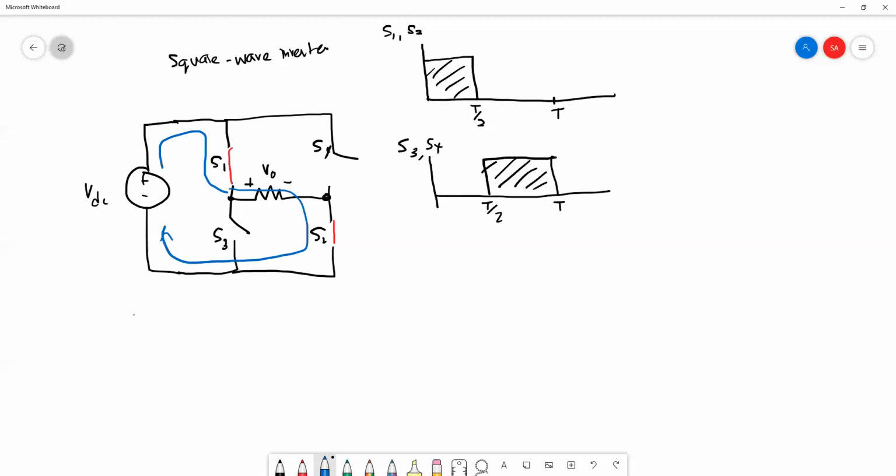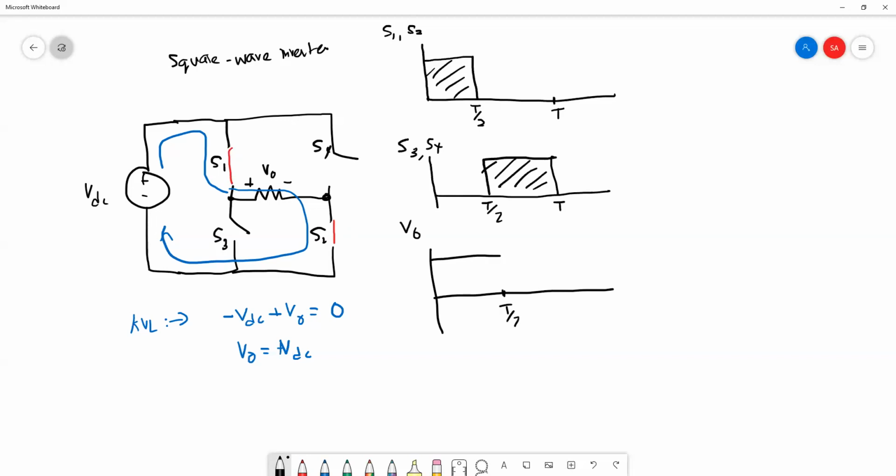The KVL is negative VDC, and we assume that the voltage drop across the switch is 0. So negative VDC plus V out must be equal to 0, and we will have V out equal to positive VDC. So when we sketch the output V out, for the half period we will have a positive VDC.